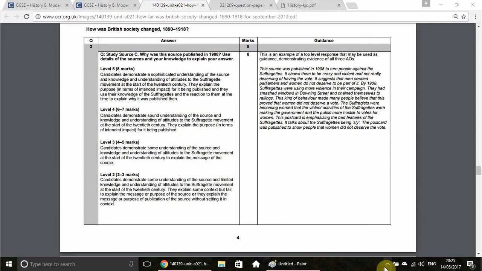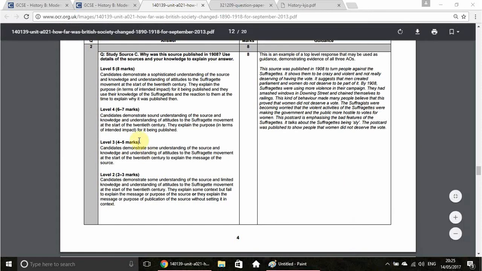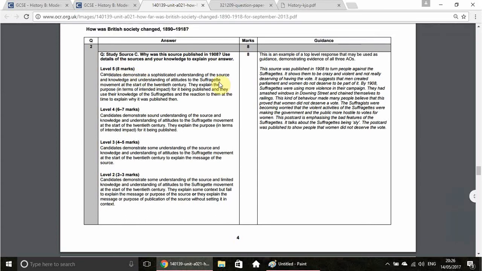Okay, if you have a look at the level 4 and level 5 here, the difference is quite significant. So this one's looking for sophisticated knowledge of what was going on at the time. So a really simple answer that's not as good as the one that's on the screen might be something like, the source was published in 1908 to turn people against the suffragettes. In the picture it shows them being crazy, and it says that women are sly.